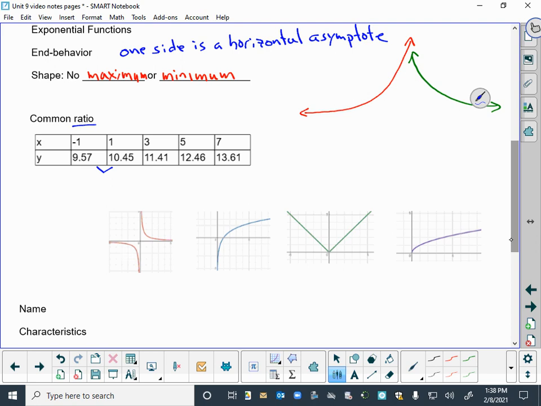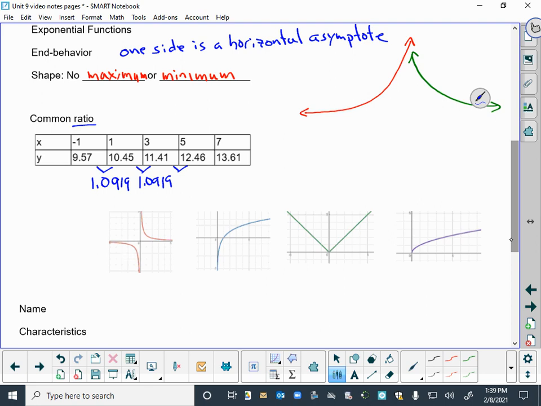When I do that, I get 1.0919, right around there. 11.41 divided by 10.45, I get 1.0919 approximately. Okay, it's not exact. I'm doing a little bit of rounding, but keeping at least 4 decimal places here.